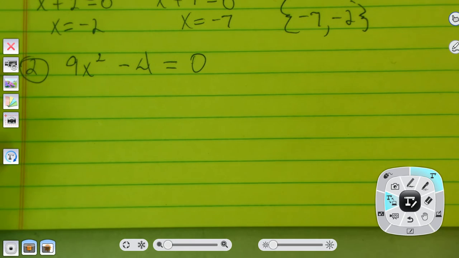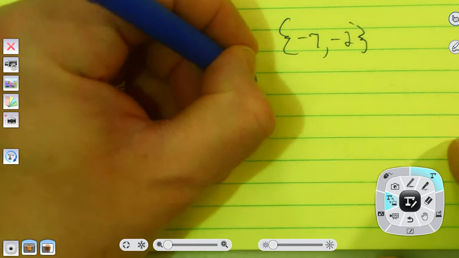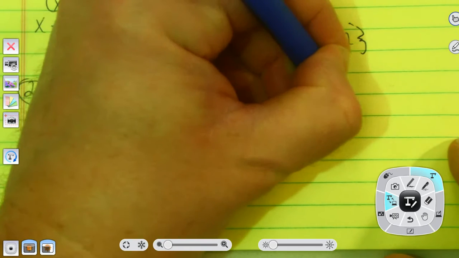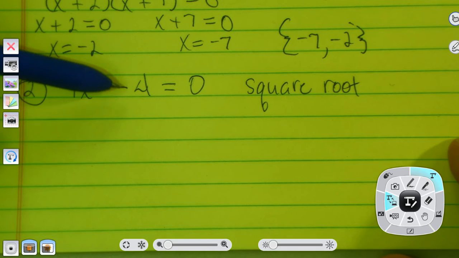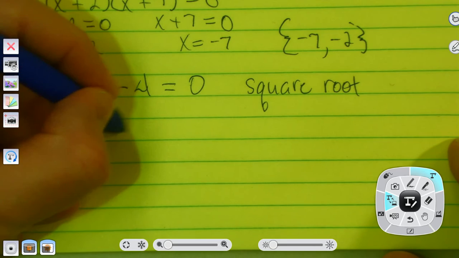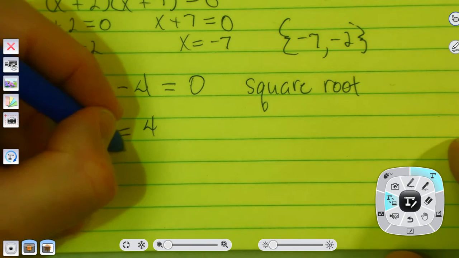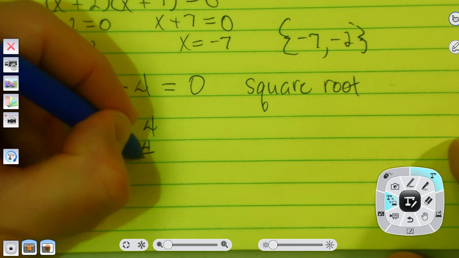Now remember how I said when there's no b term, we can find the square root. Probably the easiest. Well, I know my first step would be to add 4 to both sides. So it'd be equals 4, and then divide by 9. So x squared equals 4 divided by 9.